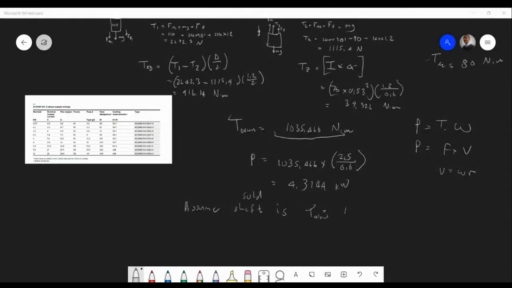I'm embarrassed, I can't remember off the top of my head. I'm looking for a typical shear stress value for a shaft.